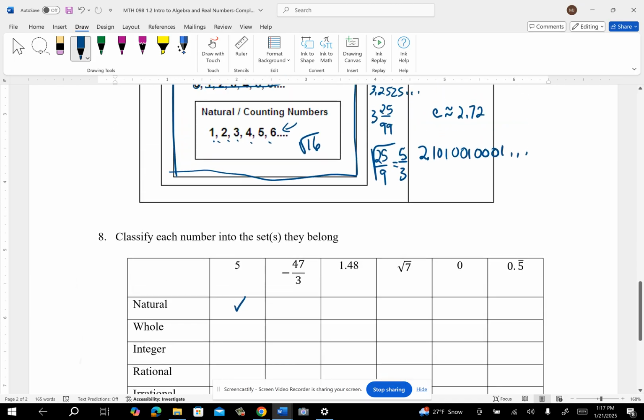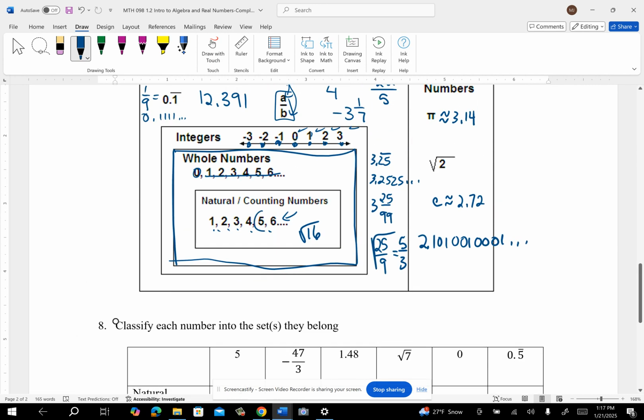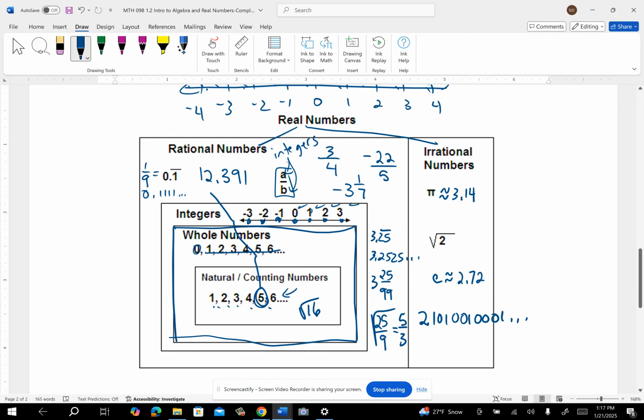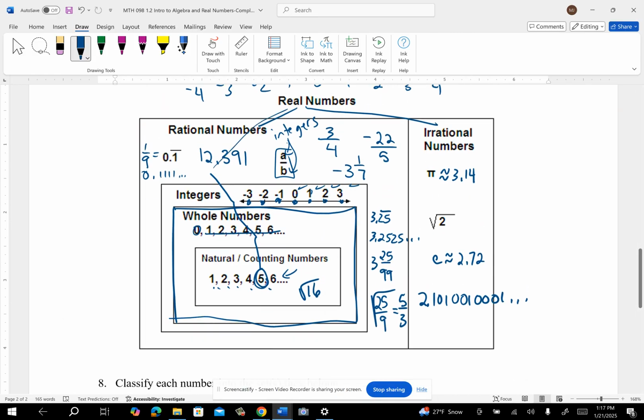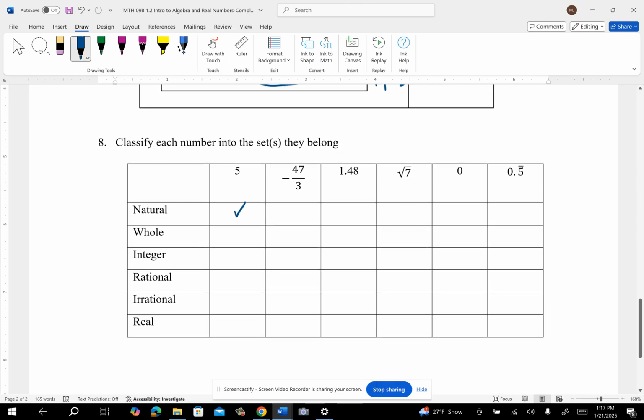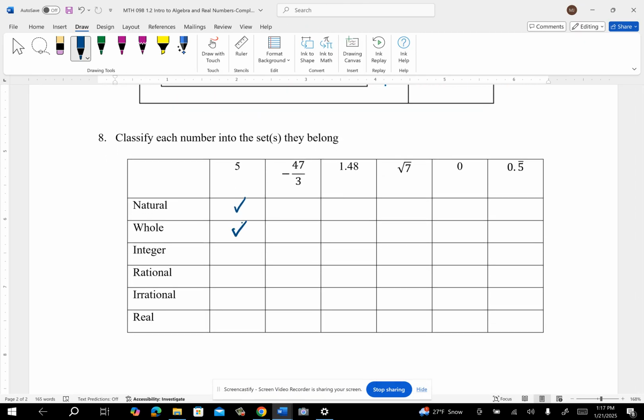But what this diagram tells you is that if you're here, then you're within the whole numbers, you're within the integers, you're within the rational numbers, you're a real number. So if you're a natural number, then you're also whole, you're also an integer, you're also rational, and you're also real. You're just not irrational.